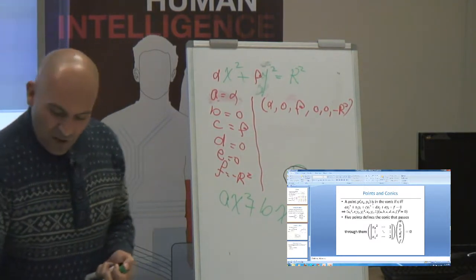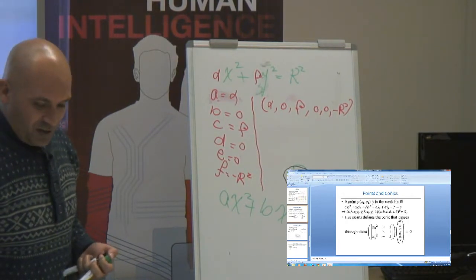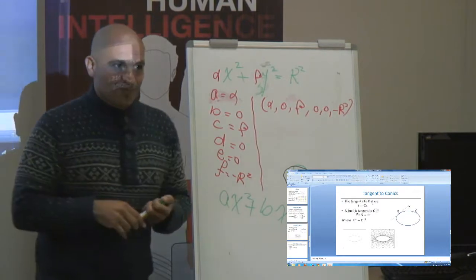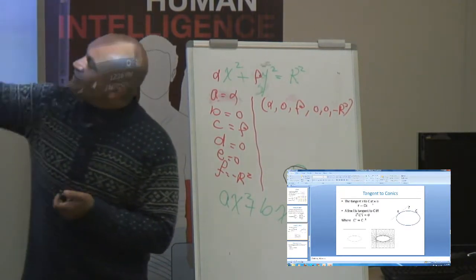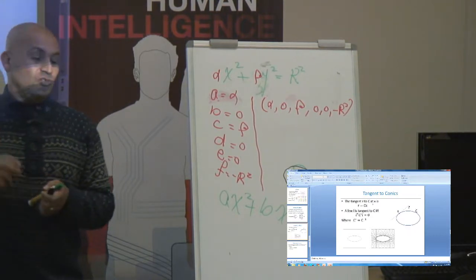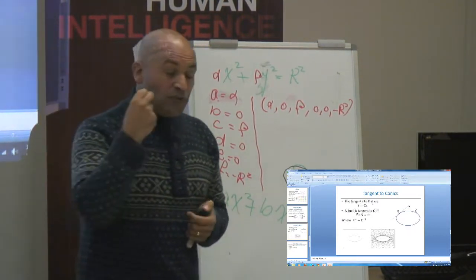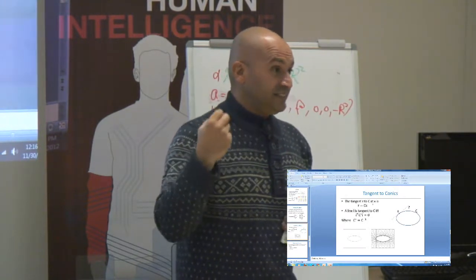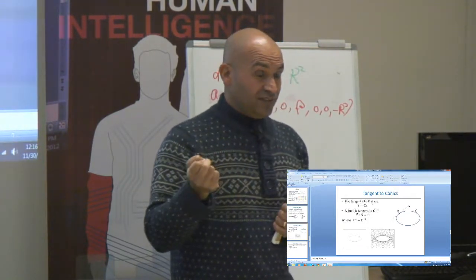Now, the important thing is how we determine the tangent of a conic. If we have a tangent T and the conic C, the tangent of conic C at point X is T. How do we compute T?